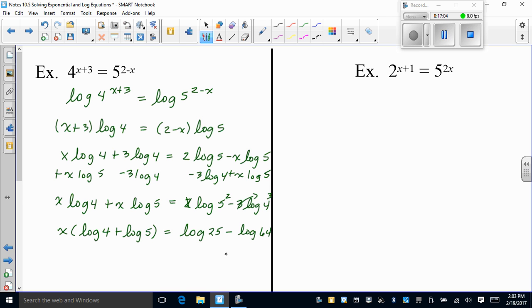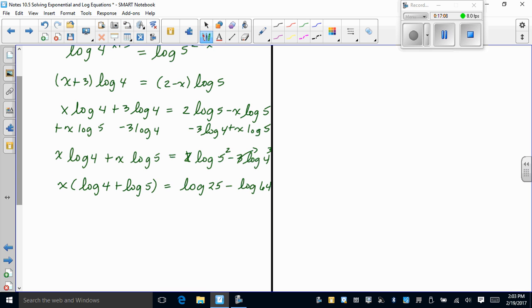So we have 2 steps we can do here. We can use another couple more properties, or we can just simply divide. We need practice on properties, so we're going to do properties. Plus means multiply, so I have x times the log of 4 times 5, equaling the log of 25 divided by 64.